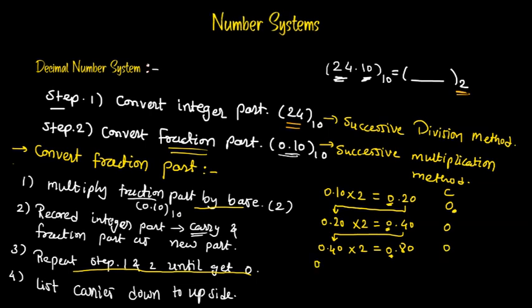Again 0.80 is the fraction of the previous product, and multiplying by 2, I get 1.60, and here the integer part is 1. Repeat this process three to four times, so you can get three or four digits after the decimal point.